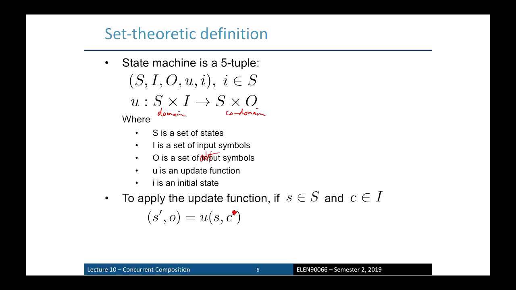I'll also say with a set of states, we also include variables in there too, if it's an extended state machine. So remember, extended state machines allow the concept of variables to be sort of persistent across all of the states. So we include variables if it's an extended state machine.